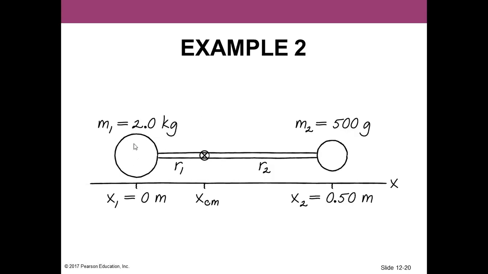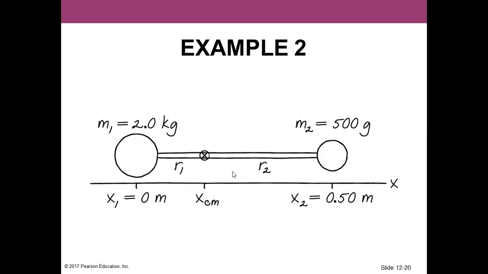Then x2 is going to be the distance from the center of the first ball to the center of the second ball. We convert 50 centimeters into meters by dividing 50 by 100, and then we get 0.5. So x2 is 0.5 meters, which is the distance from the y-axis up to the center of the second ball.